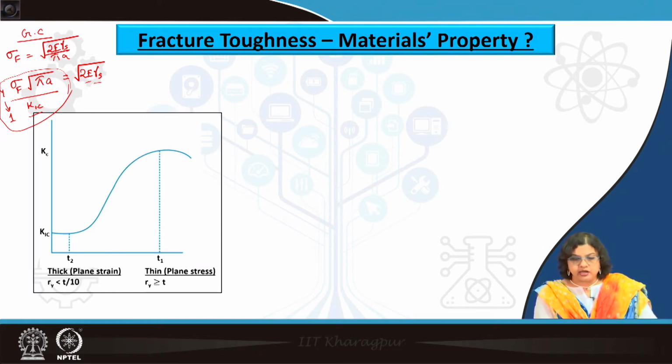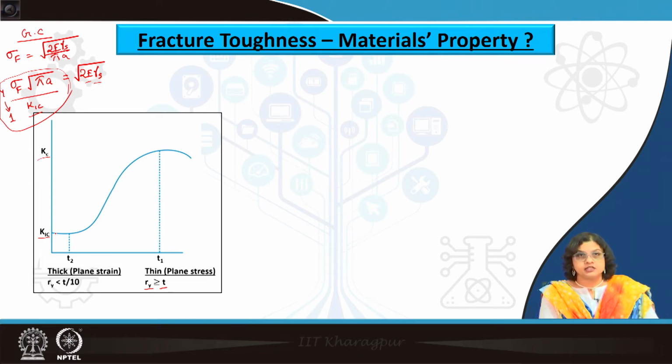But we have also seen this diagram which says that if the relation between thickness and the plastic zone size is not maintained, then plane strain condition will not be maintained or plane stress condition will not be applicable, and then we see a large variation in the fracture toughness values. Both K c and K 1 c are termed as fracture toughness.